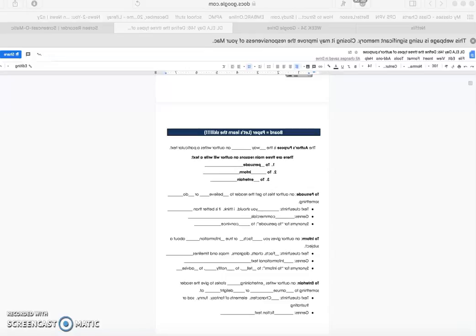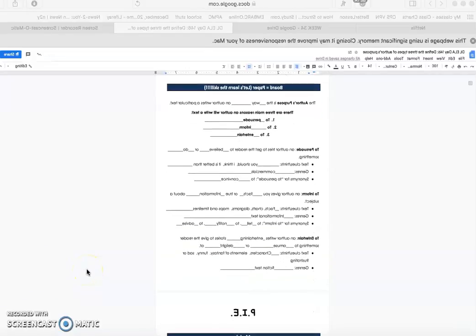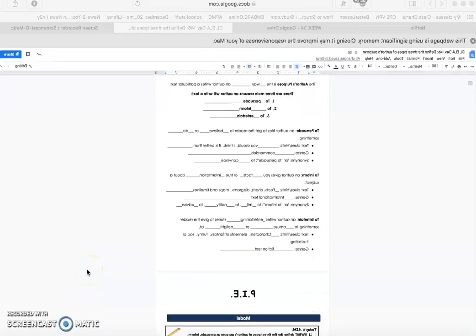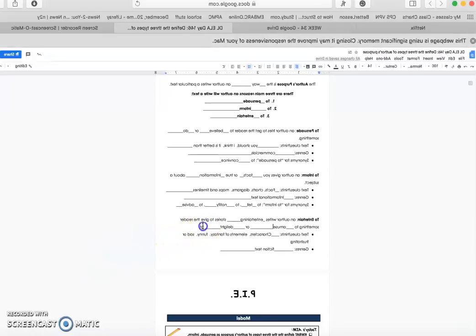Now, last we have to entertain. When you entertain as an author, you're writing entertaining things, stories to give the reader something to be amused by or to be delighted at.